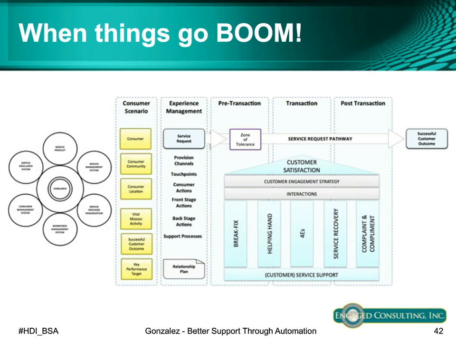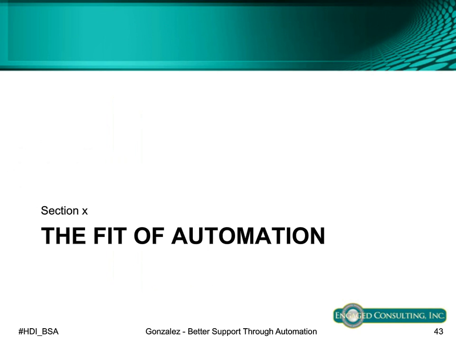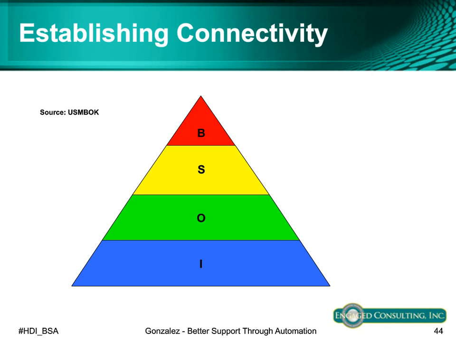Now, from the fit of automation perspective, we want to take a look at this from the fact that we're dealing with everything from the 4 layers inside of an organization on down. This happens to be the business, the service layer, where we actually define and manage services, the operations layer, that's the O. The O is where we actually put in place the processes that are required to actually make things happen, and the I is the service infrastructure.